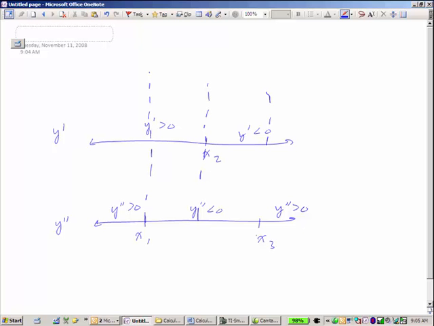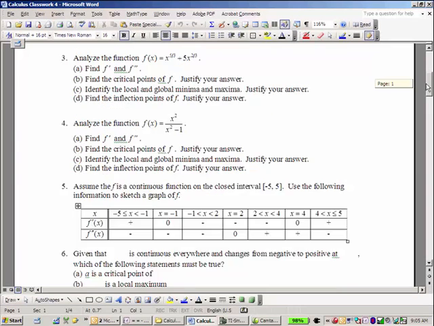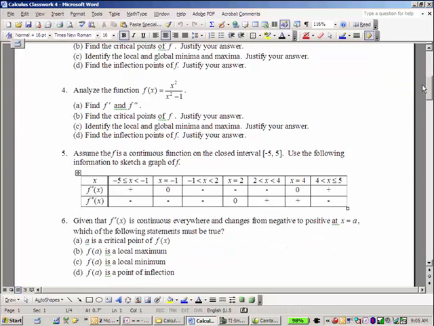But the important thing to focus on is to look at the first number line to see if the function is increasing or decreasing, and look at the second number line to see if the function is concave up or concave down, and then put those clues together. What reminded me of that was the classwork, which we didn't do today, which maybe we'll do tomorrow. I give it to you in a table, and we've done problems like this before, right?